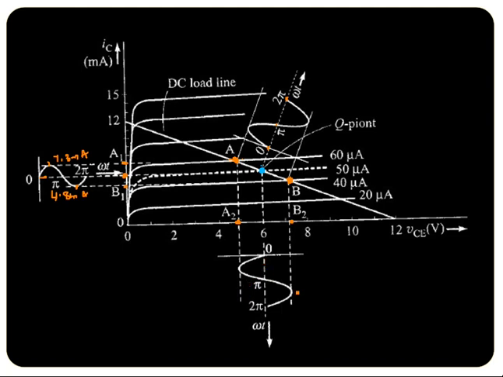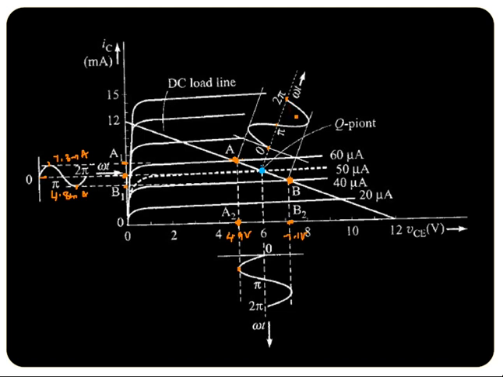You can see the VCE voltage is also varying, between around 4.9 volt here and around 7.1 volt here. So if you project, you can get the operating conditions of the transistor when this input signal is applied. This change in base current is occurring here.